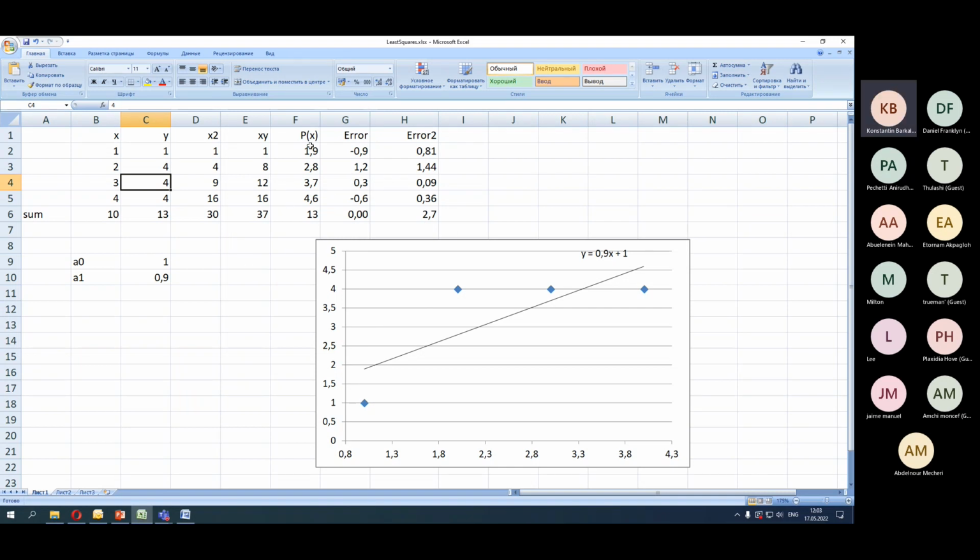Because, again, the sum of the real values equals the sum of the approximated values, the sum of the errors is 0, and we have some non-zero sum of the squares of the errors.